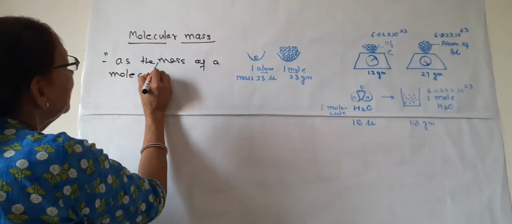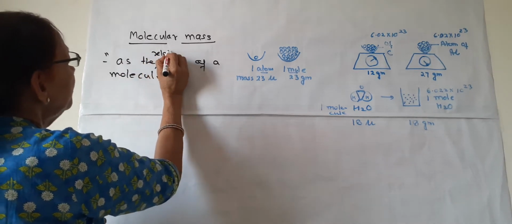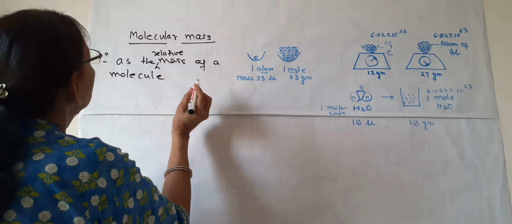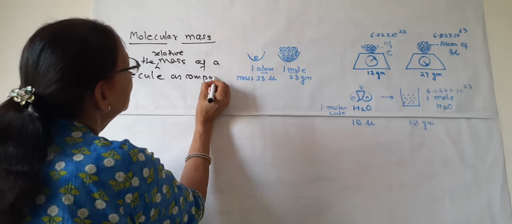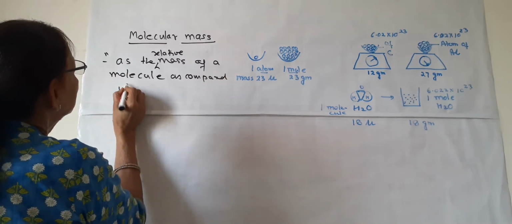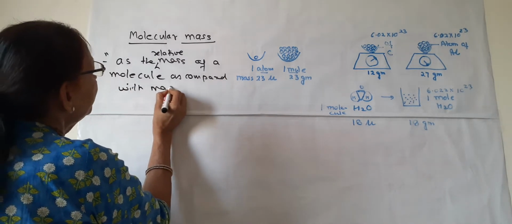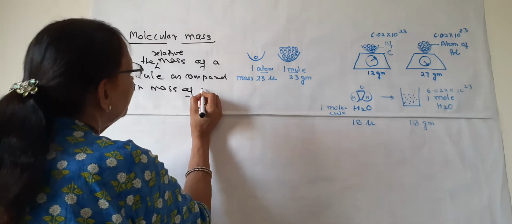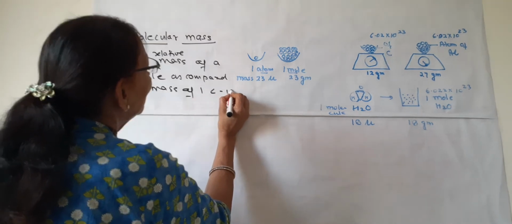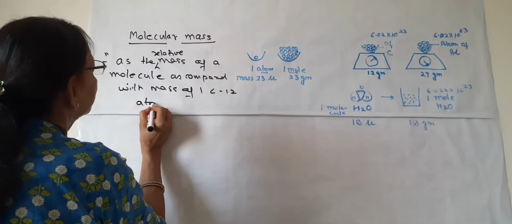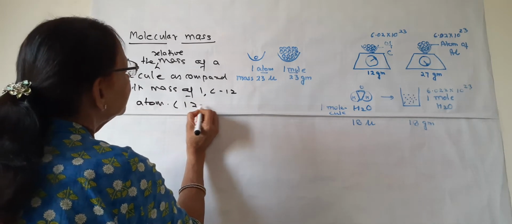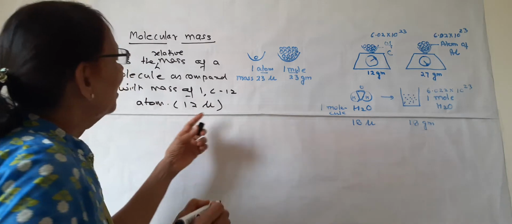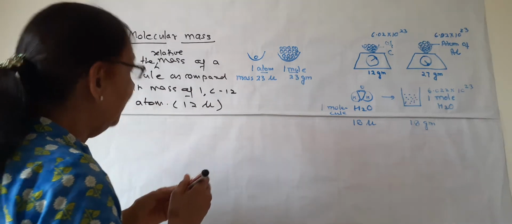It is also the relative mass of a molecule as compared with the mass of one carbon 12 atom. And this mass of one carbon 12 atom is taken as 12 u or 12 amu.